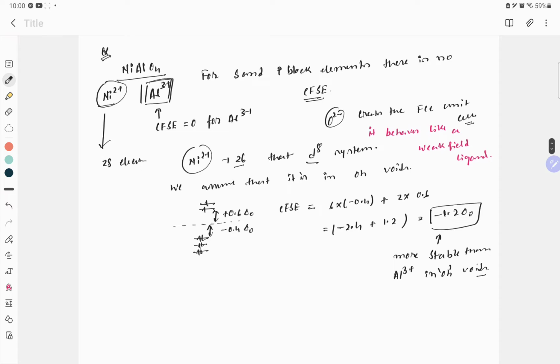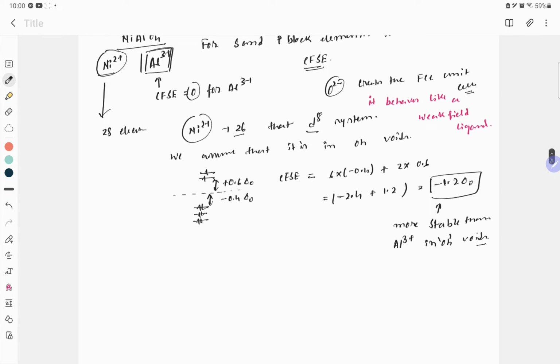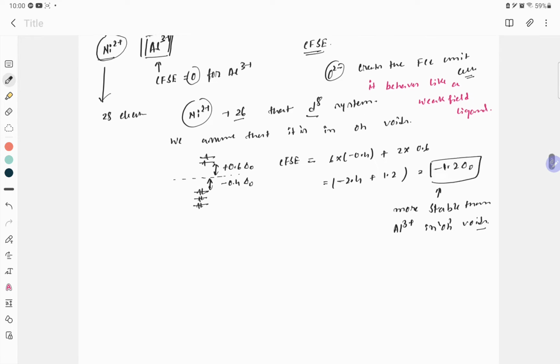But if Al3+ is present in octahedral voids, the stabilization is only 0. So the more stabilized energy is minus 1.2 delta 0. So the possibility of Ni2+ in octahedral voids is more.